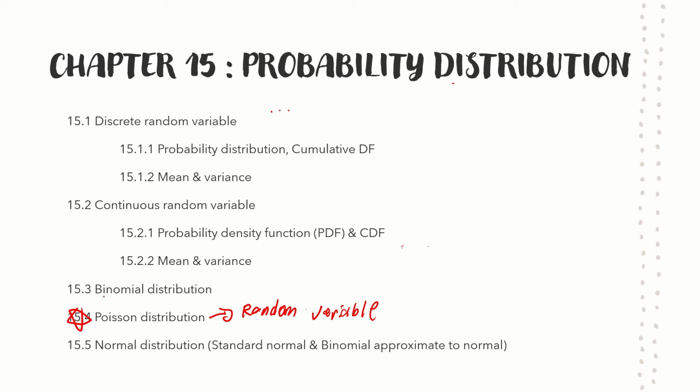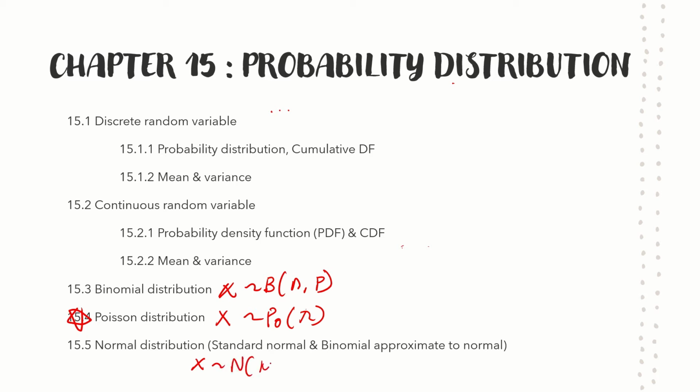The first question normally will want you to write out the distribution. For binomial distribution it looks like this: X approximates binomial with n and p. For Poisson distribution, X approximates Poisson with lambda. For normal, X approximates normal with mu and variance.